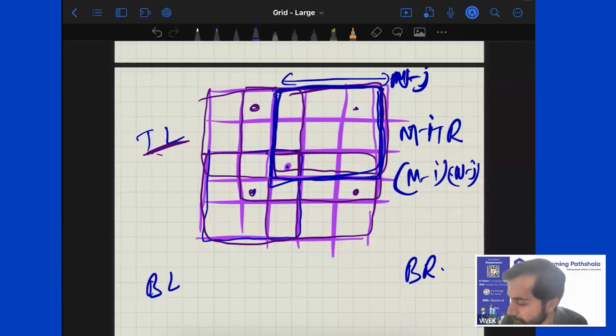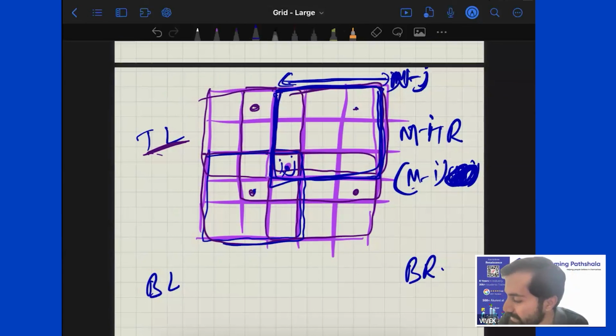And if this thing is i comma j, then the number of columns is j, so you can figure that out.